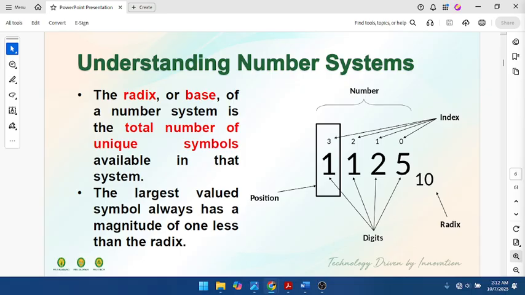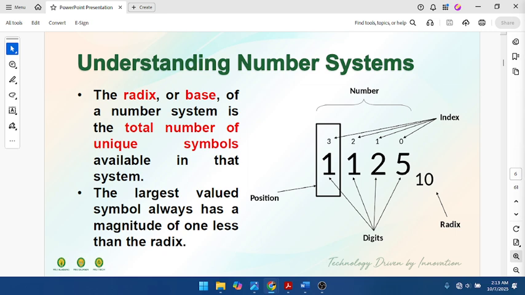The individual symbols of 1125 are digits. The small subscript here tells us the radix, or what we call the base. Since it is decimal, the radix or base is 10.